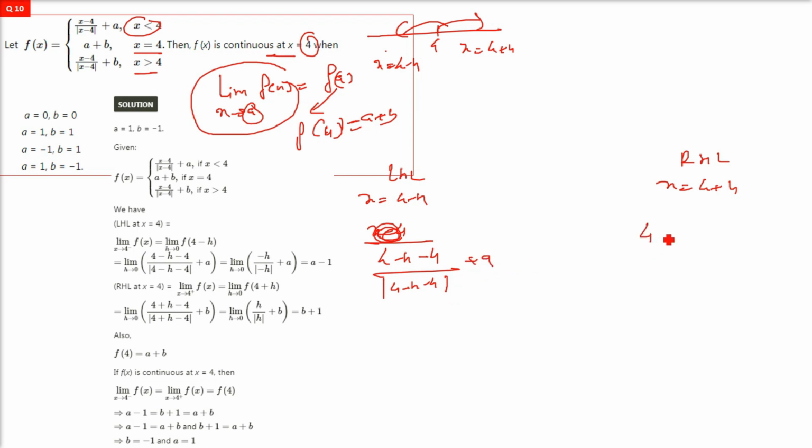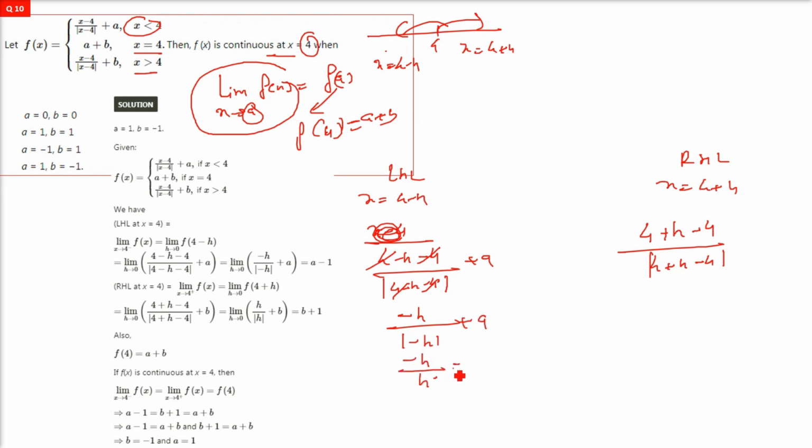Here you have (4 plus h minus 4) divided by mod of (4 plus h minus 4), and in this case 4 gets cancelled, minus h by mod of minus h. So this is in negative. So what do you get? This is plus a.